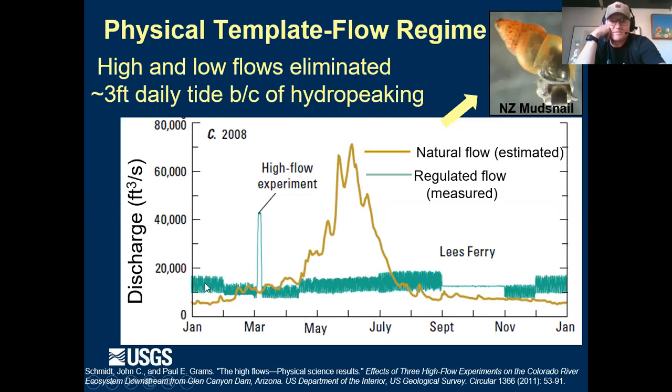And then this turquoise line shows the actual flows. This banding that you see is the hydropeaking, or load following. So we've eliminated the high and the low flows, and we now have this 3-foot tide because of hydropeaking. And these sorts of changes have allowed other things like New Zealand mud snails to thrive.